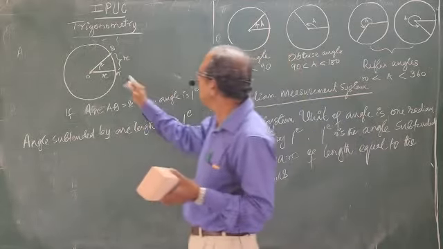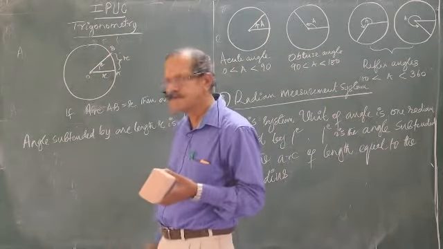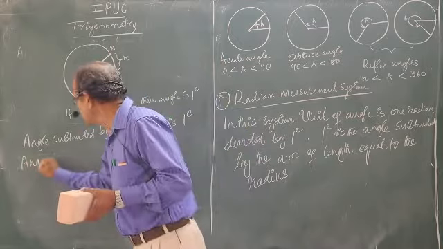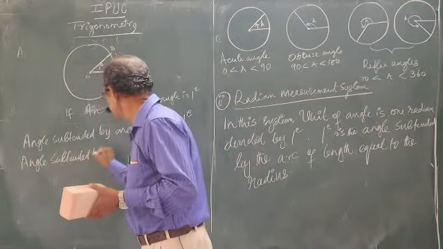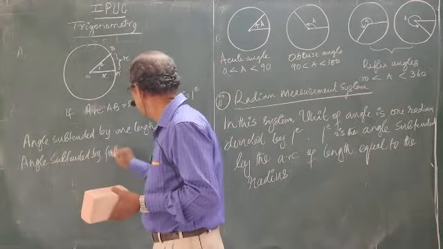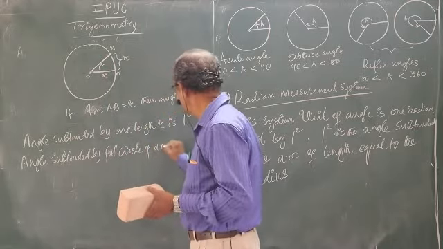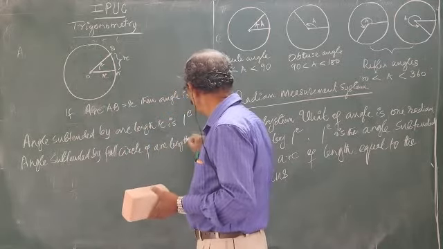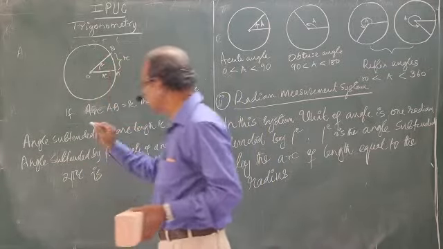Angle subtended by arc length r is 1 radian. Angle subtended by the full circle, of arc length 2 pi r, is, calculate it.